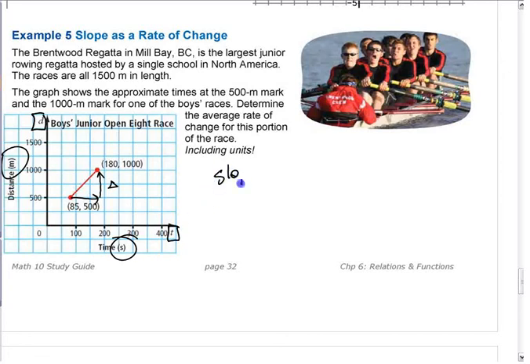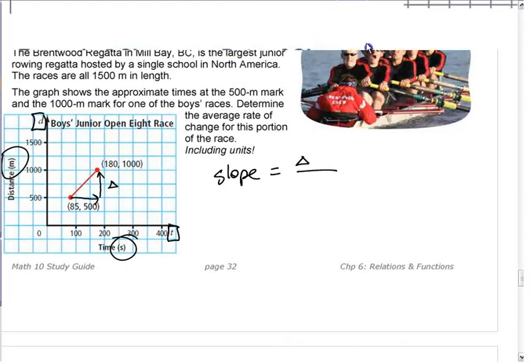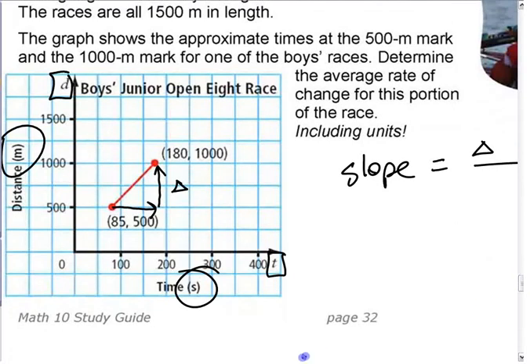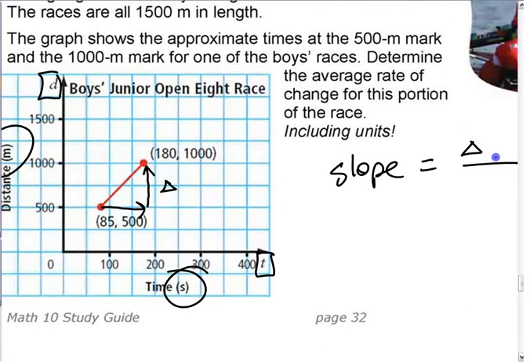What is the slope equal to here? I'm not going to put delta y and delta x. What's the vertical change here? D, right?